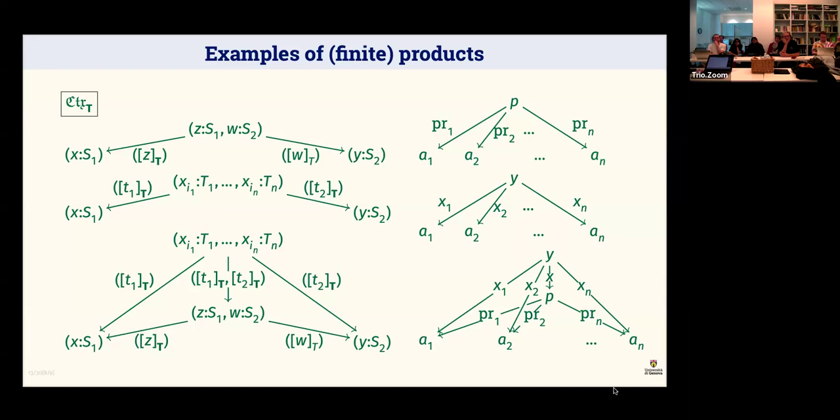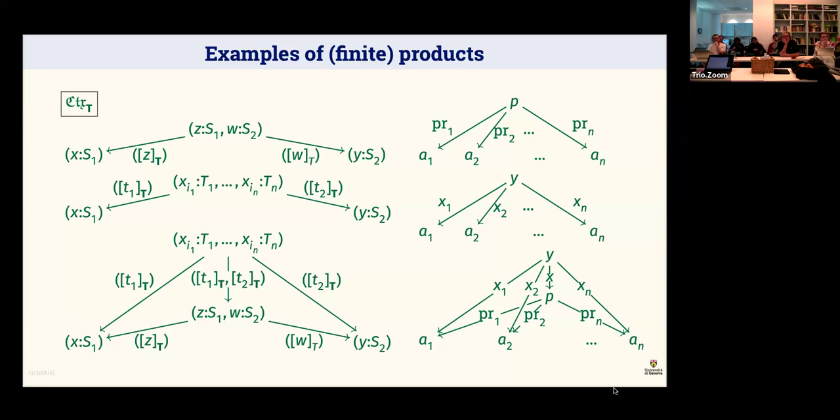So I'm using Z and W instead of something related to X or Y, but one variable has to be in the sort declared here, and the other variable in the sort declared there, you see. And out of two contexts of size 1, we get a context of size 2.